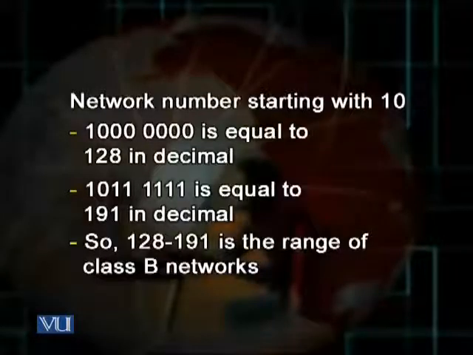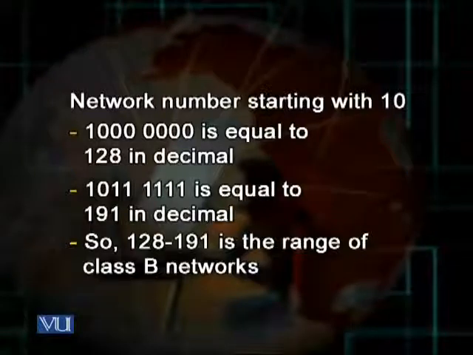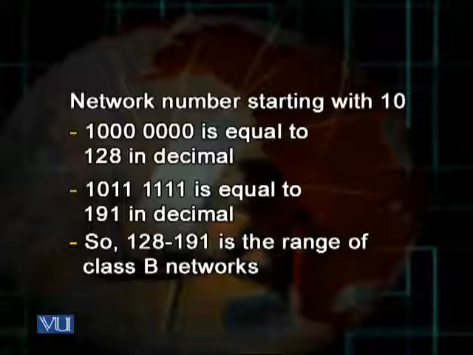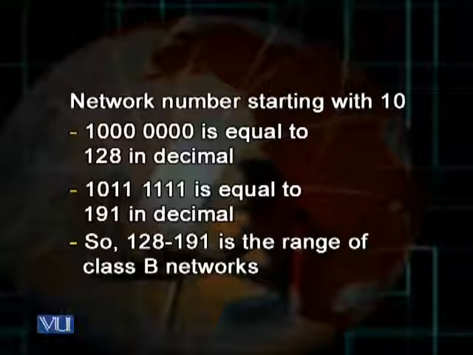You can notice that the range for class B is from 128 to 191. If we subtract 128 from 191, we get 64 different possibilities of zeros and 1 in the first byte alone.